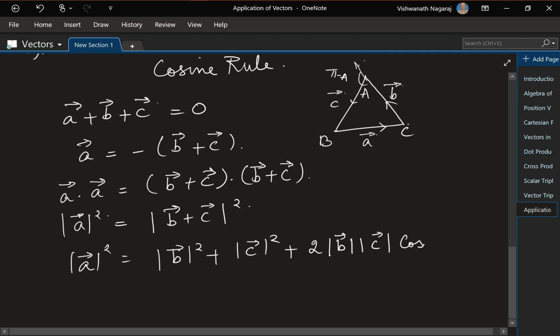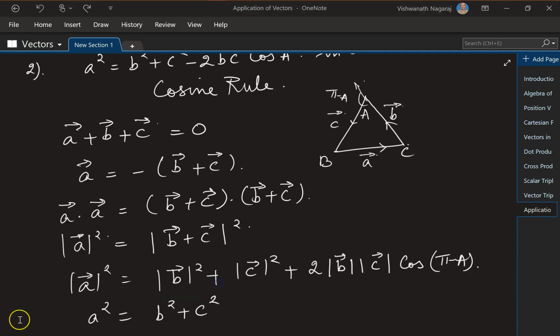So if we move this to make it co-initial, then this angle would be the angle that we are interested in, and in that case this would be pi minus angle A. So cos of pi minus A. So this becomes A square is equal to B square plus C square.